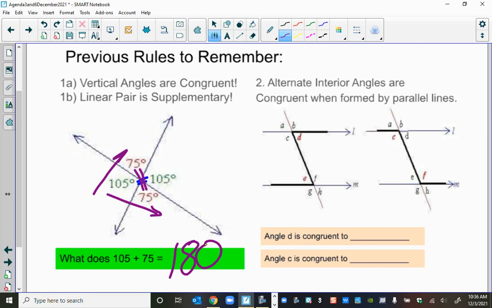Similarly, alternate interior angles. They're going to be congruent because we're going to tell you with some of these diagrams, like your parallelograms, that those sides are going to be parallel, or these sides might be parallel. And that's going to help us, especially if we have a third line going like that.